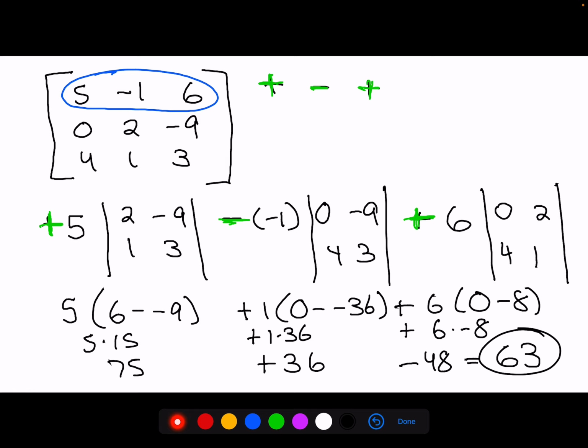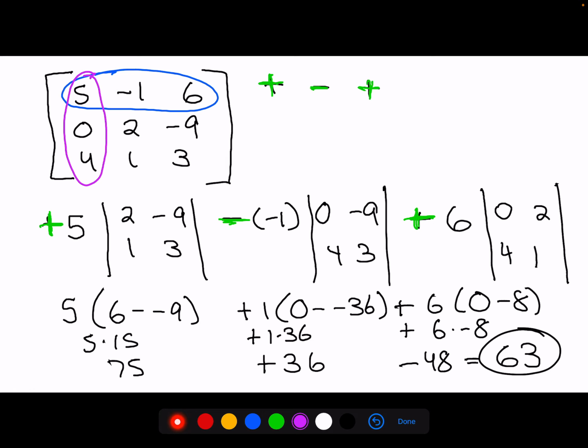Okay, so that's finding a 3x3 determinant. If you're looking at a matrix and you see zeros in there, I wanted to show you as much as I could here, but for this matrix, a better choice would have been to choose column 1 because of the 0 in there. That would have made things a lot faster, because my middle part would have all come out to 0, since I would have been multiplying by 0, and that would have made it a lot less work.